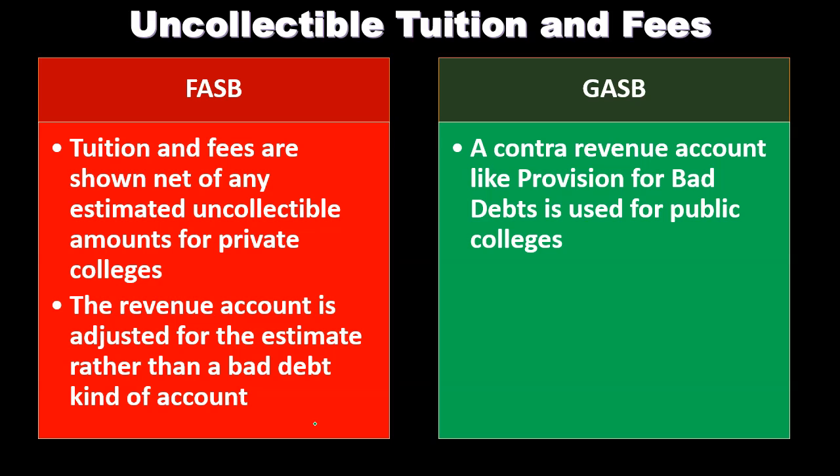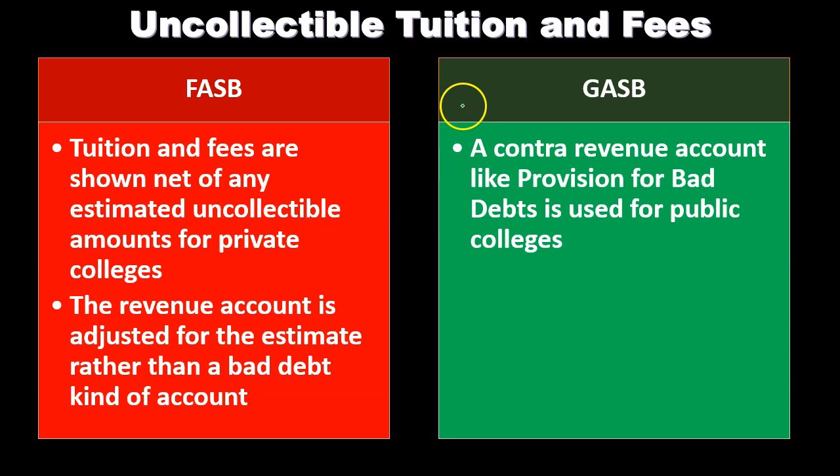However, in the for-profit type of organization, we would record that in an expense account called bad debt expense rather than reducing the revenue account. Here, the revenue account is adjusted for the estimate rather than a bad debt account. We're going to adjust the revenue account. That again might seem a little bit unusual with regards to a for-profit type of entity, but the concept in terms of the revenue recognition principle is the same.